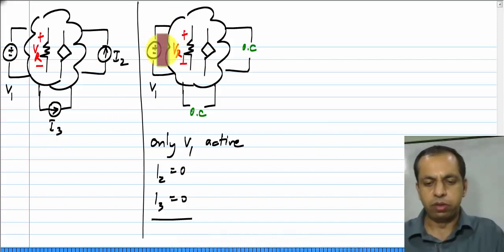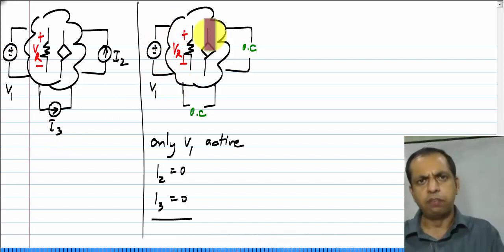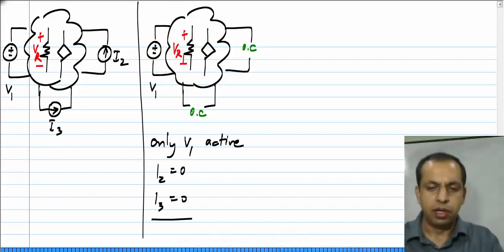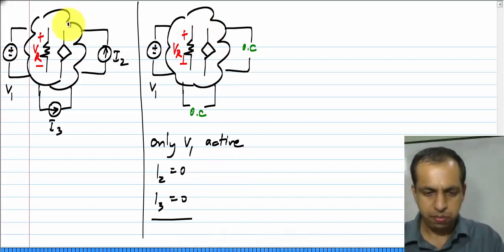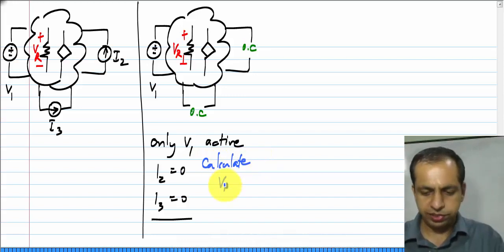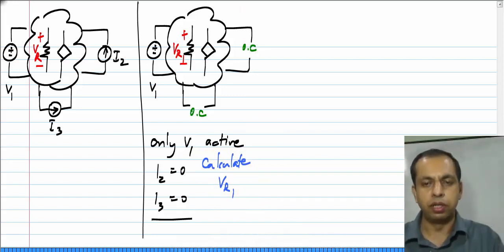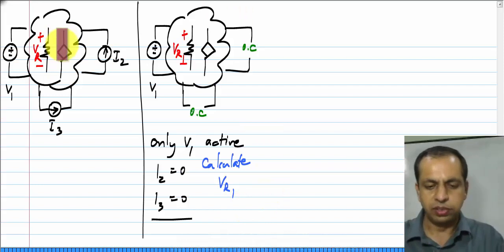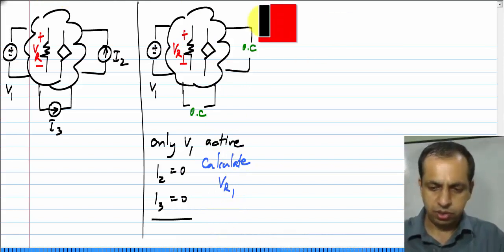So, I have now a circuit with a single source, and we know that this is quite easy to analyze, and from this I calculate the voltage across the resistor, or whatever quantity I want. If I wanted current through this source, I could calculate that. I am taking the resistor voltage as an example. Okay. So, I do this.